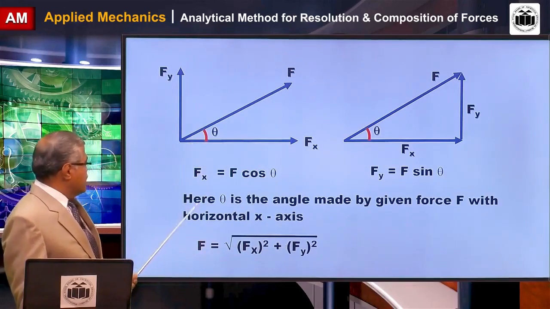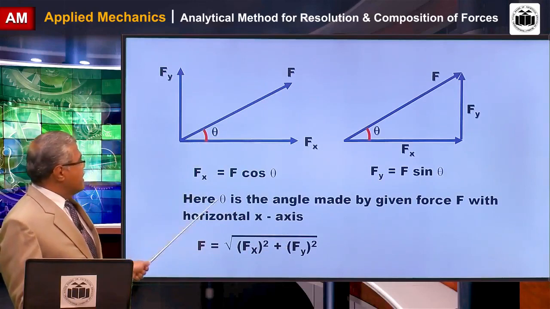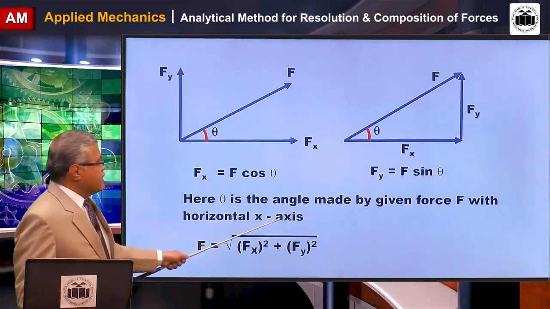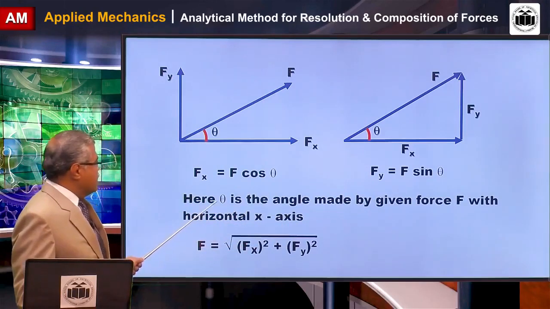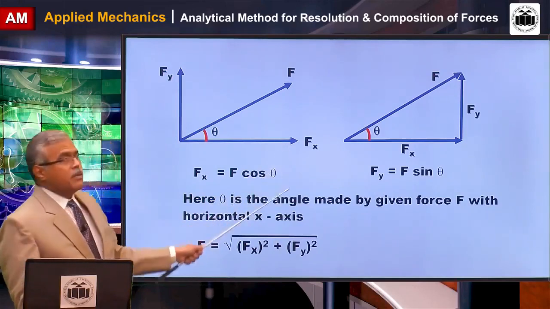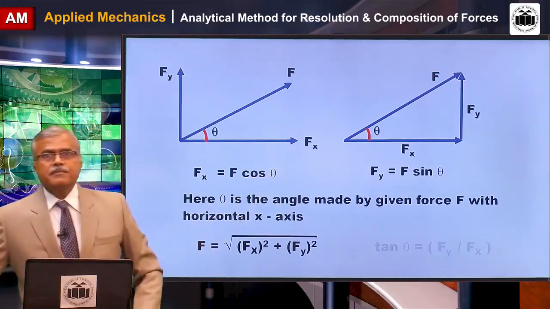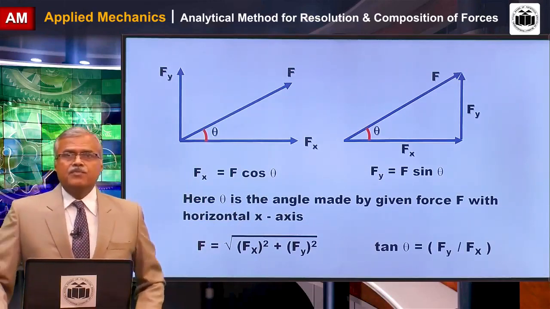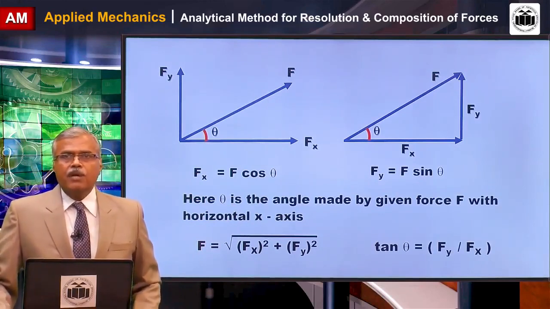And again it is to be noted that theta is the angle made by the given force with the horizontal x axis. This is very much to be remembered. This is required while calculating the components in solving different problems. Then tan theta, the angle made by that force F with the horizontal, is equal to Fy upon Fx.